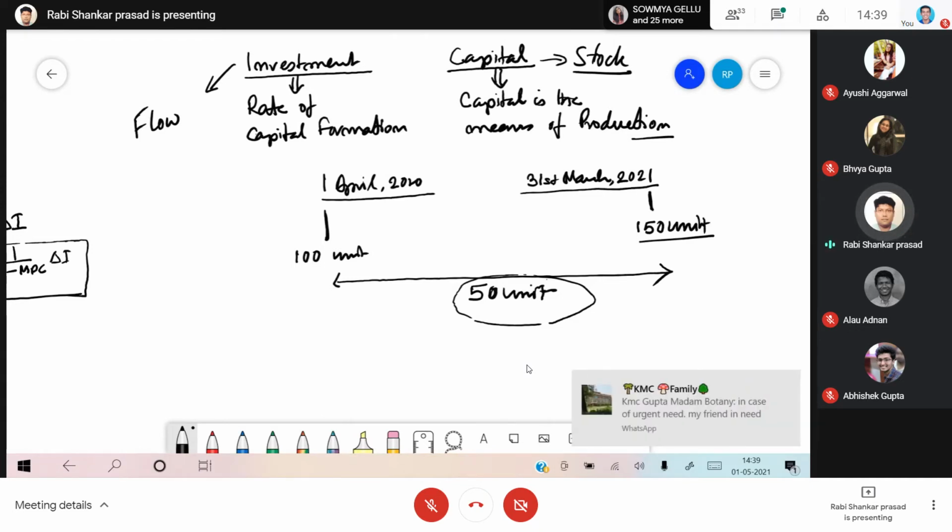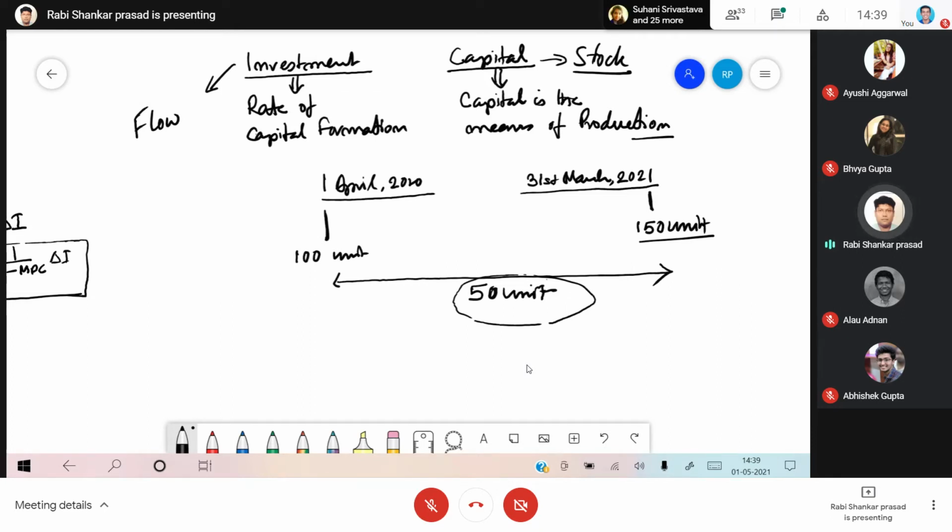Because capital you are measuring at a point of time, but investment you are measuring during a time period. When you measure anything during a time period, it is known as a flow concept, but when you measure at a point of time, it comes under the stock concept. This is the basic difference between capital and investment.